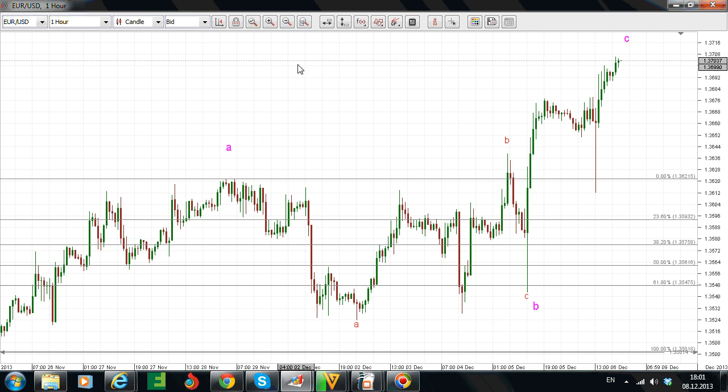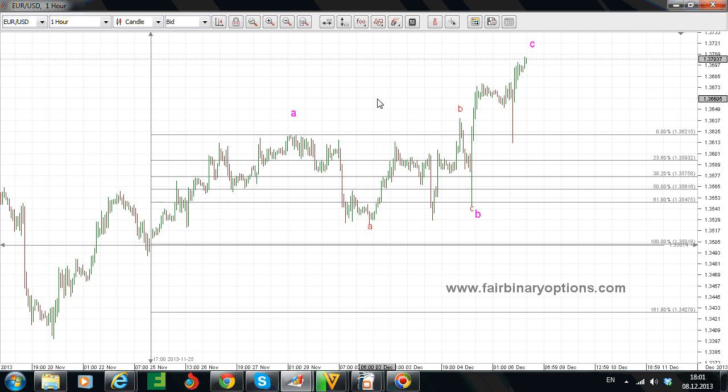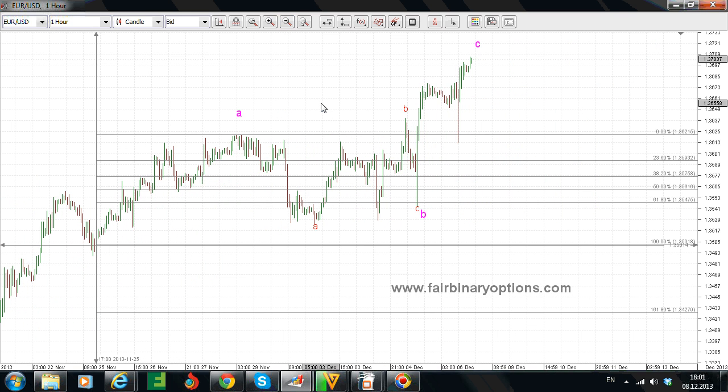Now, what's the possible outcome to come? Taking into account fundamentals, next week we don't have any important economic releases, so the market most likely will prepare for the FOMC the week after.